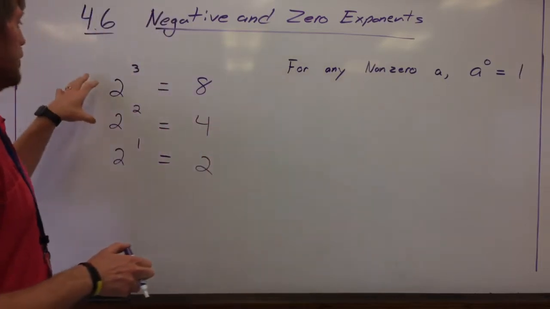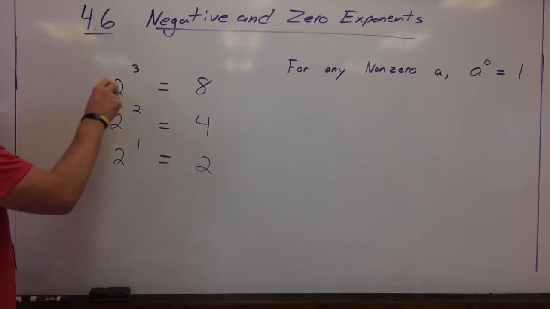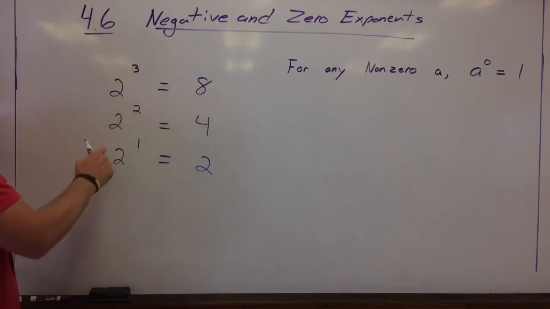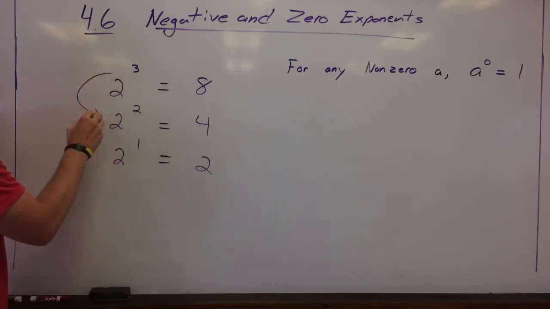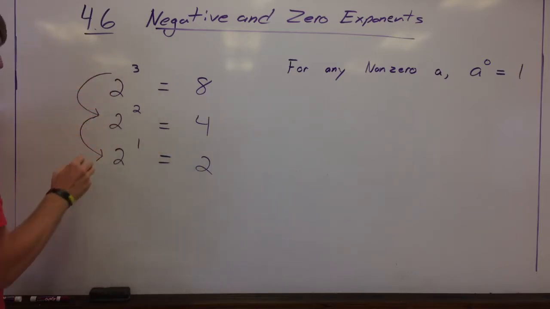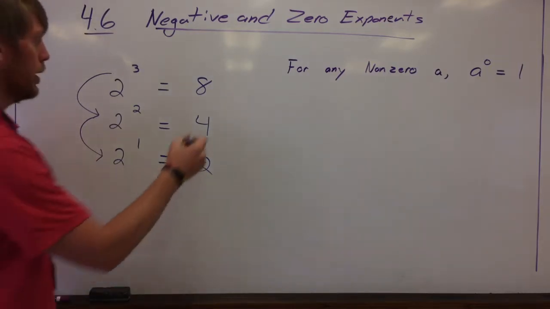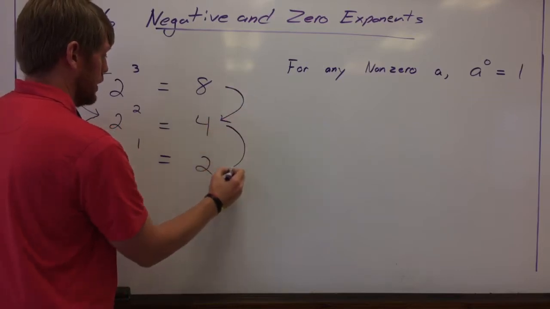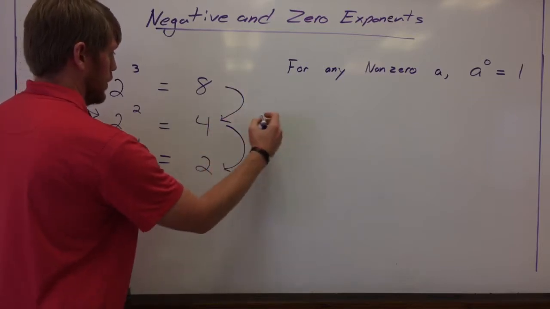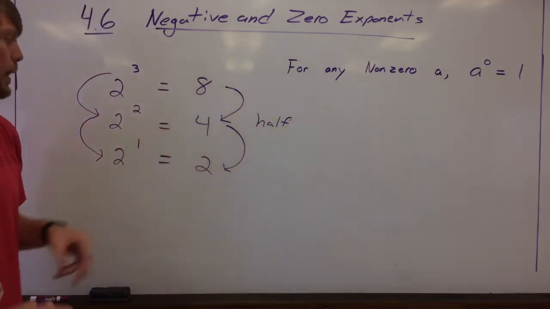But take, for example, this pattern. You can see we have 2 to the third power, which is 8. 2 to the second power is 4. 2 to the first power is 2. As we go down for each expression, the exponent decreases by 1, and over here, as we go down each time, we are halving each amount.